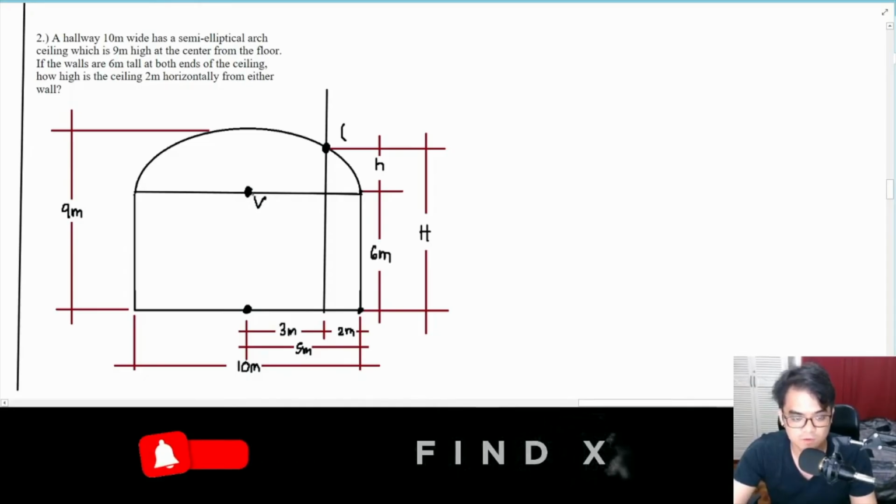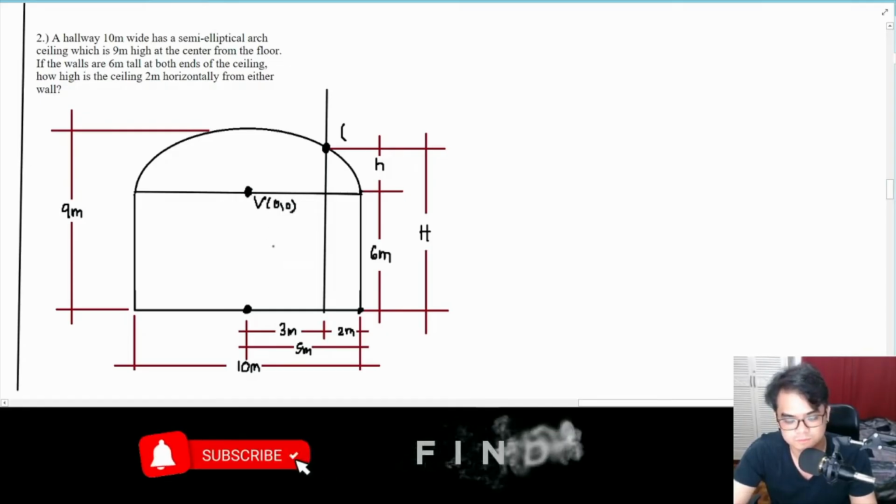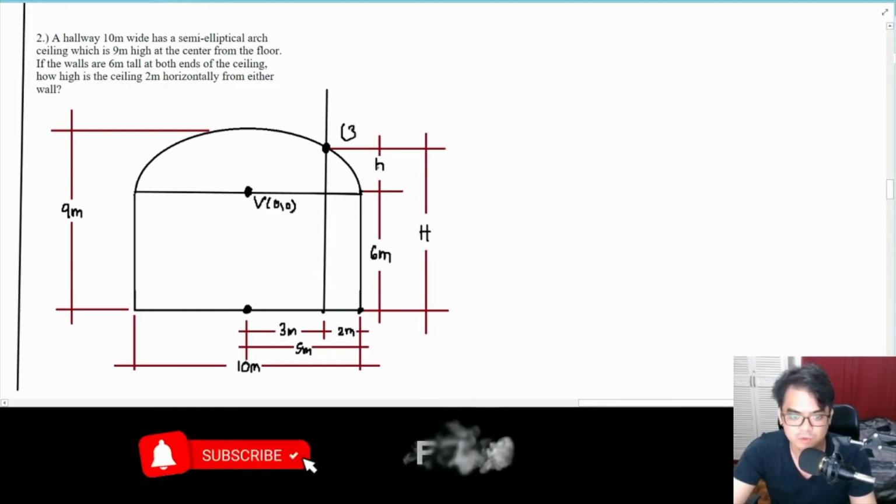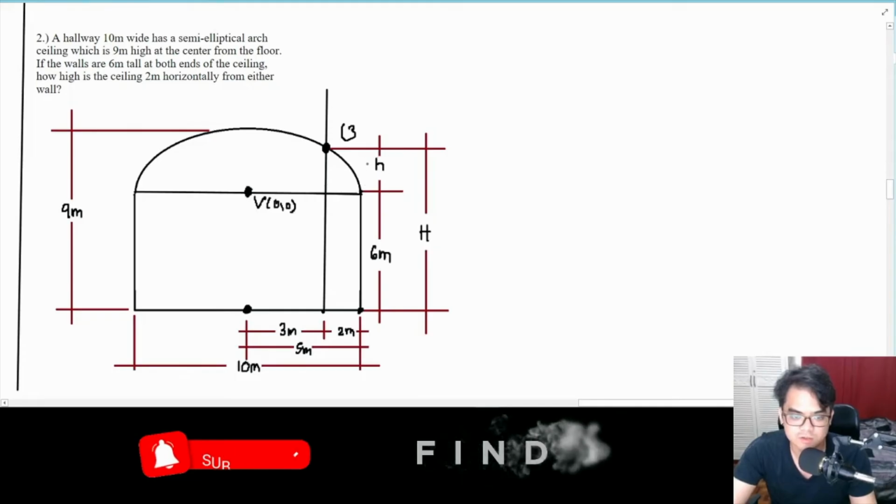Let's say this will be your vertex (0, 0). So the coordinates of this point will be x equals 3, and then how high is that? That will be just h, because this is your 0. So this will become (3, h).